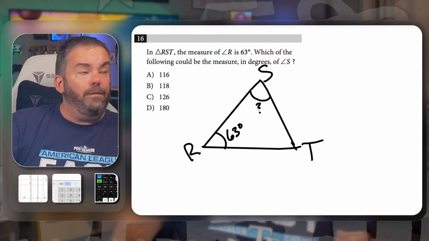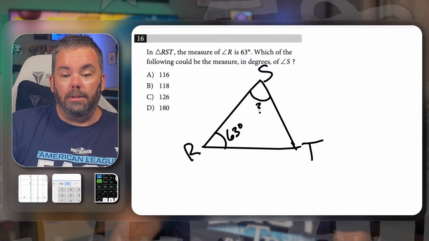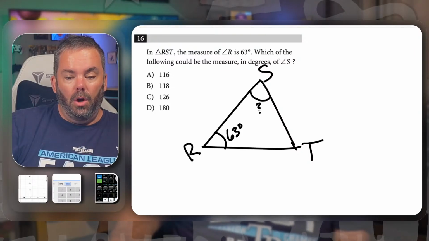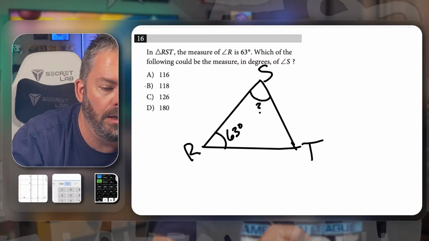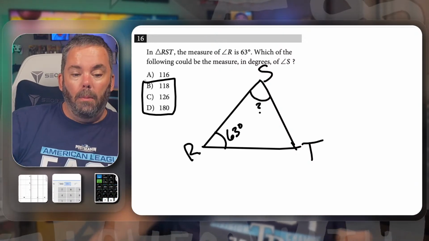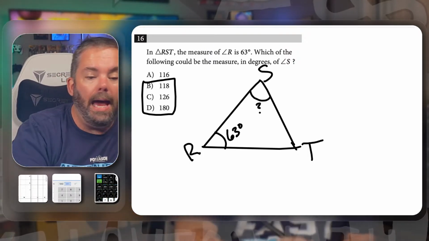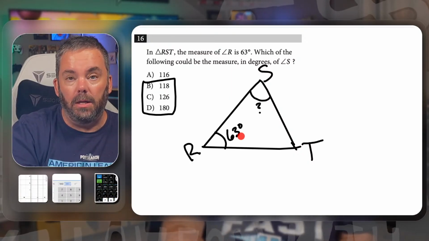Okay, so you might feel like you don't have enough information because what happened to angle T? Well, let me tell you, look at these numbers. So we don't even need angle T. Check this out. I want you to look at B, C, and D. All right, take a second and look at B, C, and D. So of B, C, and D, B is the smallest angle, right? What happens if we add 118 and 63?